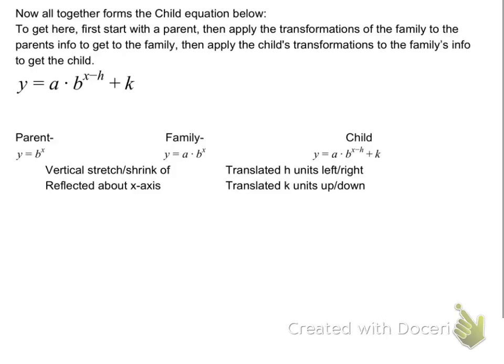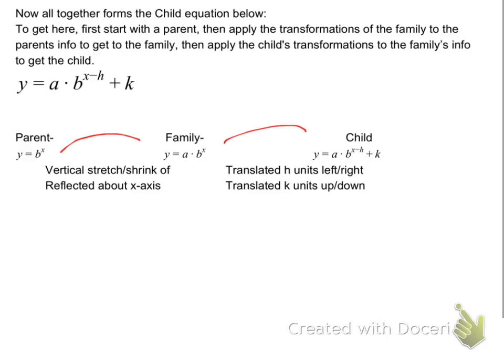This is not perfect because there are no arches in here. These words of vertical stretch or shrink would be on the bridges, translated h units left or right. Obviously, you shorten these up, right? So it's a vertical stretch of 3, or it's a vertical shrink of 1/3. It's reflected about the x-axis, or I don't say it at all, right?